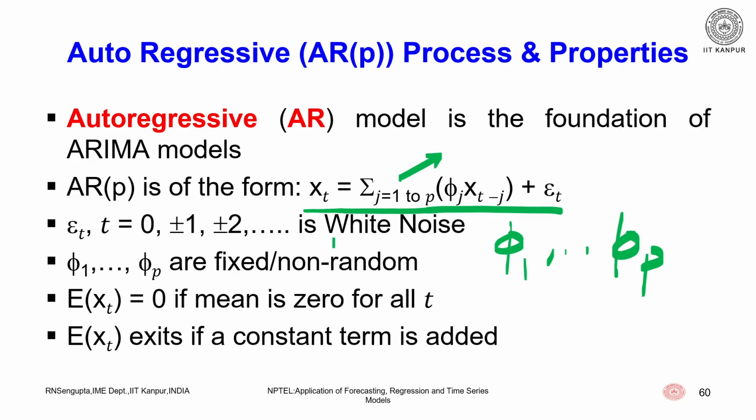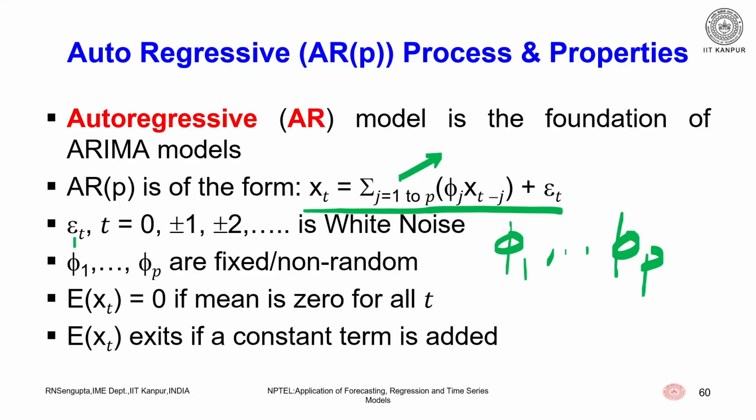The time period can be taken as 0, plus minus 1, plus minus 2, considering both the past and the present. But obviously, when you try to predict or forecast for the future, you will take the time periods as plus 1, plus 2, plus 3, considering that you are moving one period at a time into the future.